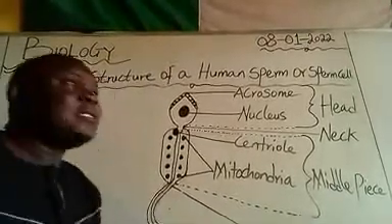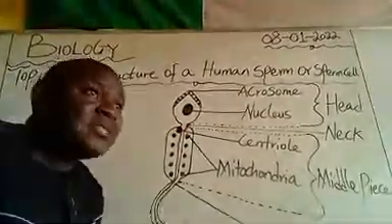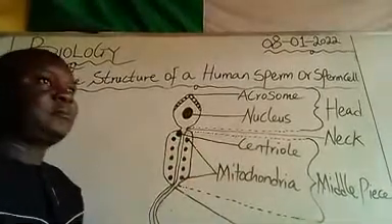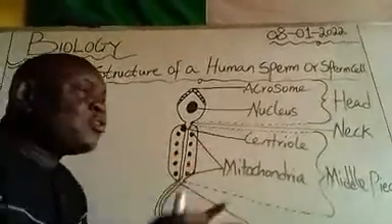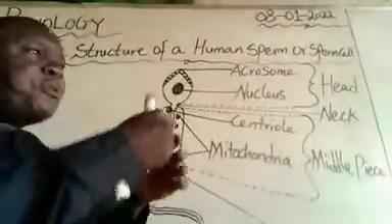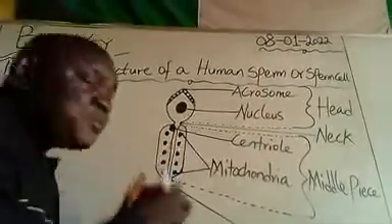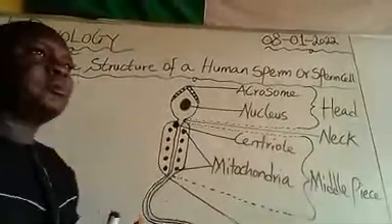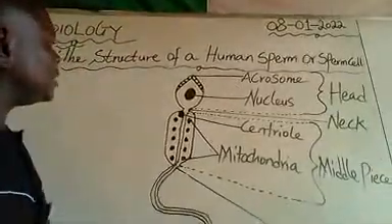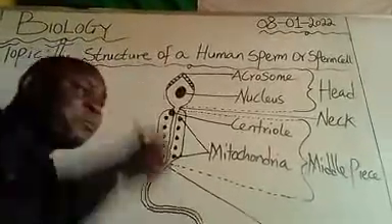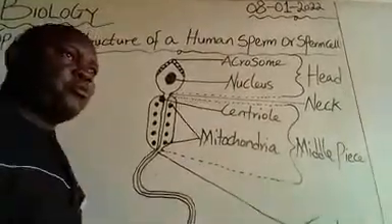You know, fertilization is the fusion of the male gamete and the female gamete. Male gamete means sperm cell. Female gamete means egg cell. Fertilization takes place in the fallopian tube or oviduct. For the fertilization to take place, acrosome has a role to play.